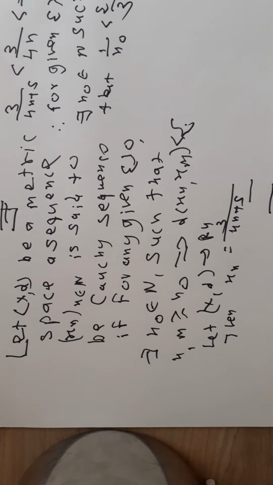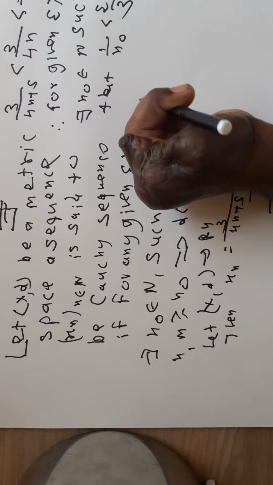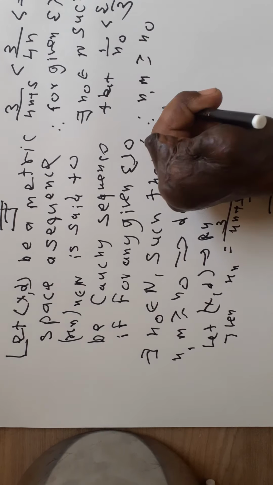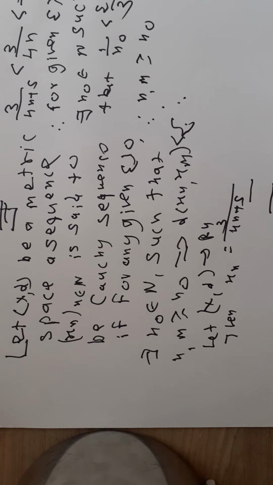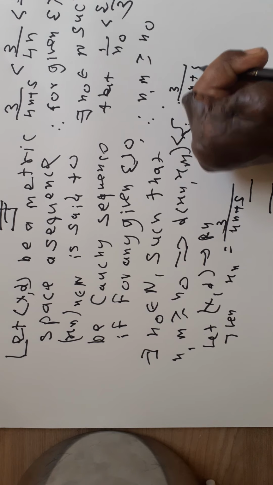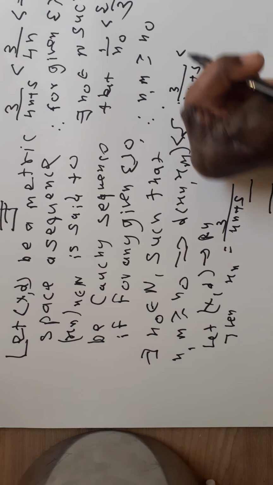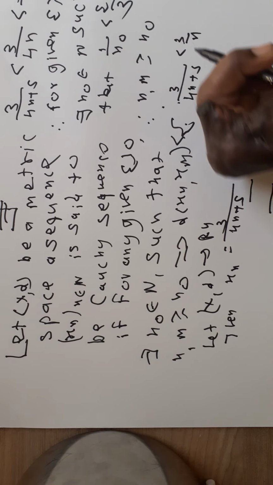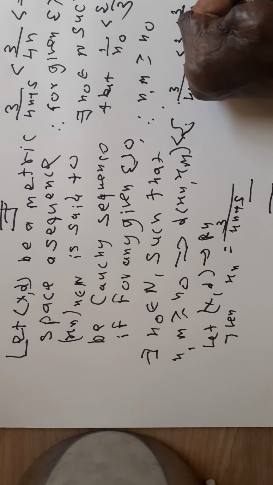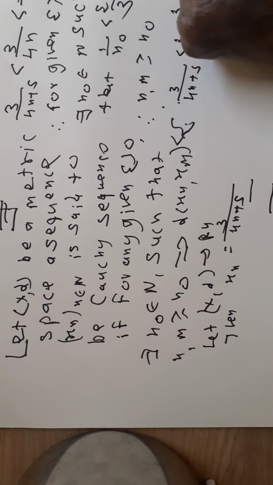So when n, m are greater than or equal to n0, 3 upon 4n plus pi is less than 3 upon n, which is less than 3 upon n0, and 3 upon n0 is less than epsilon.